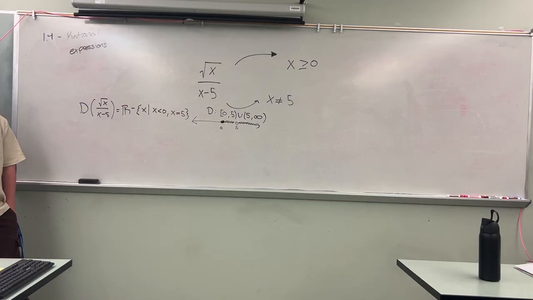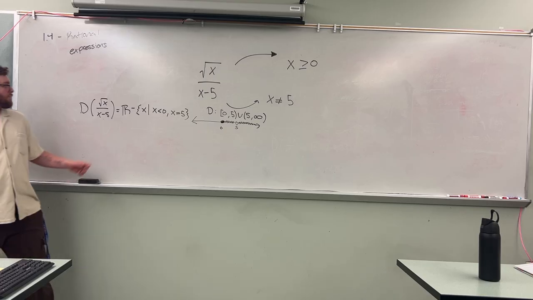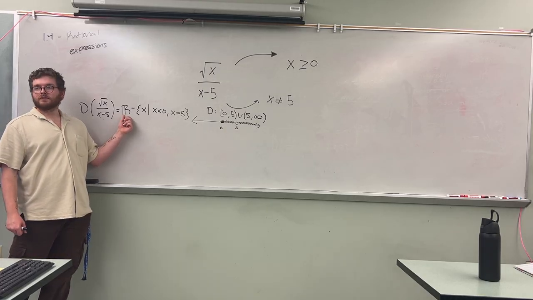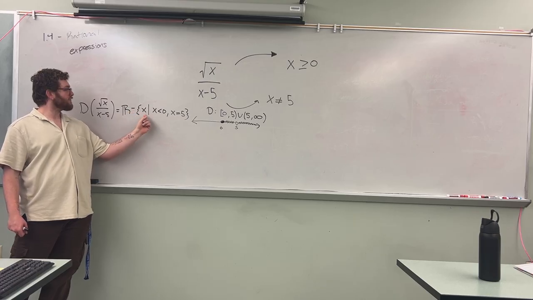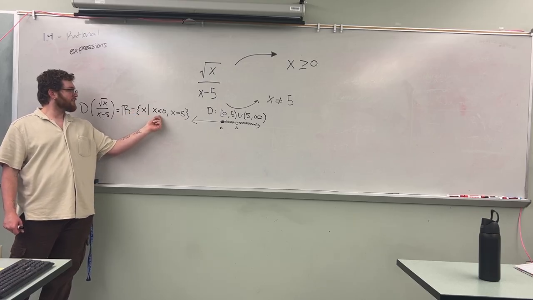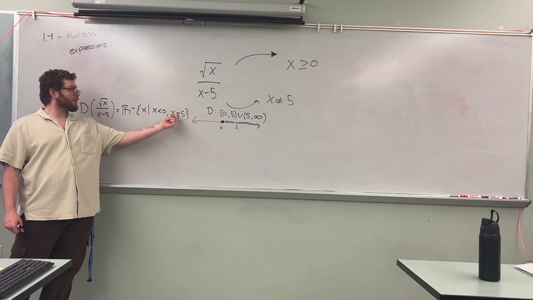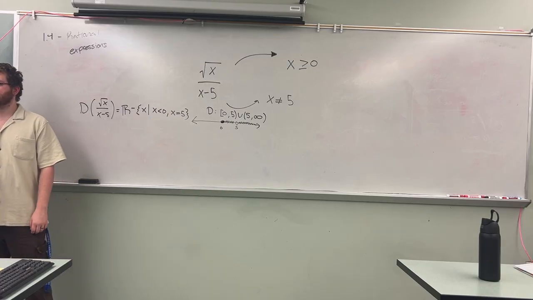So that would be it in set notation. Remember, this is the real numbers minus the set of all x such that x is less than 0 or x is equal to 5.